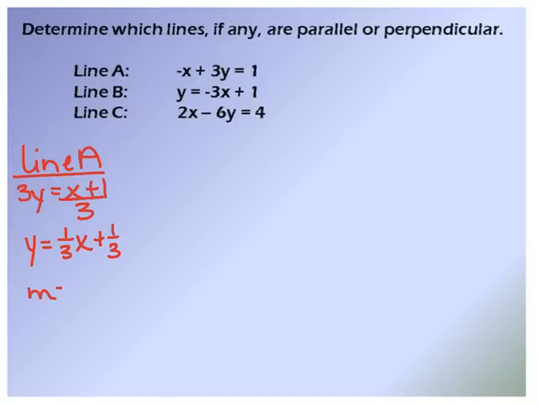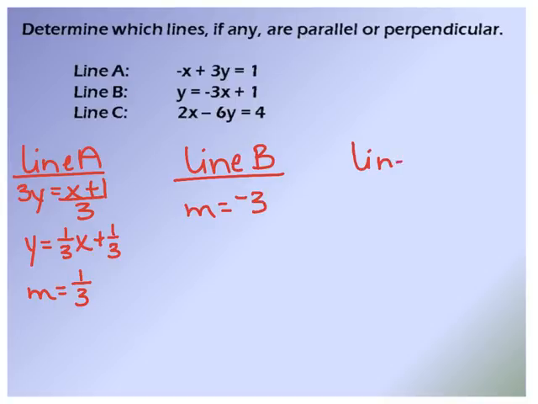So now I can easily identify my slope as 1/3. Let's take a look at line B. In line B, well, looky there, we're already in slope-intercept form, so it's very easy to identify our slope of negative 3. So let's move on to line C.